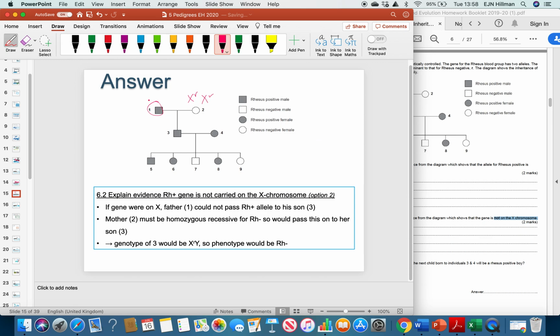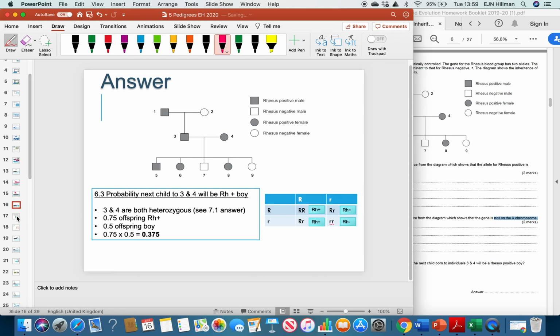The father would have the dominant allele on his X chromosome. Now the father can only pass on a Y chromosome to his son. The female can only pass on that recessive one. So if it were sex-linked, number 3 would have the genotype with a recessive R on his X chromosome and a Y. Okay, good.